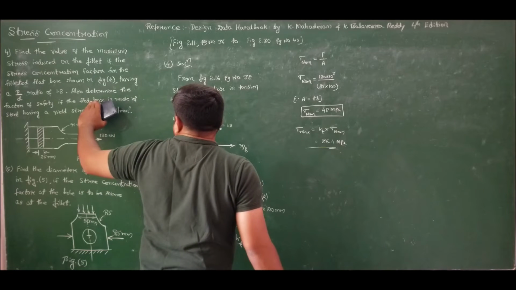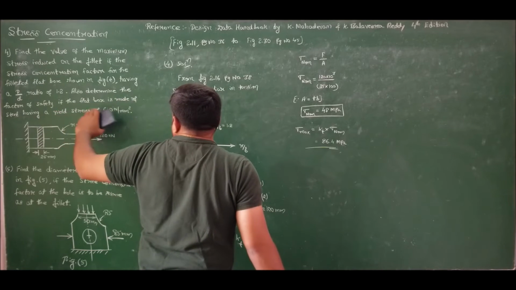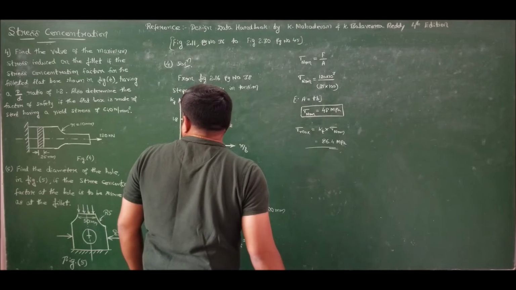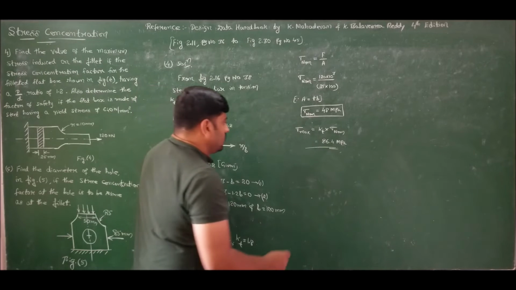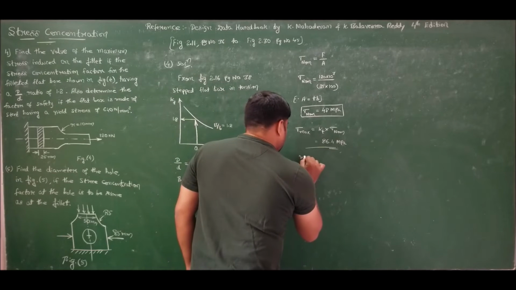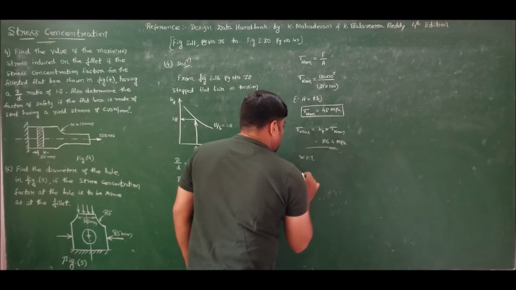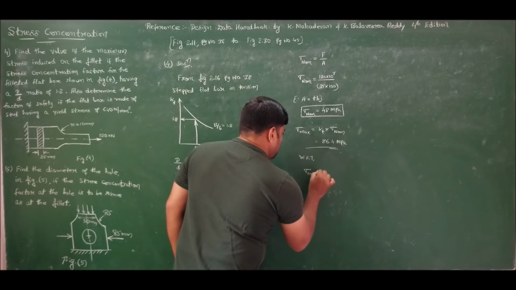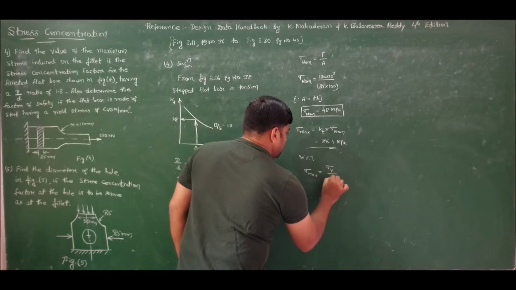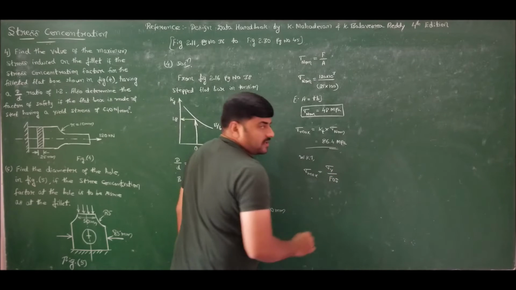And he is also asking us to determine the factor of safety if the flat bar is made of steel having a yield stress of 640 megapascals. We know the formula for sigma max when yield strength is known: sigma max is equal to sigma yield by factor of safety.